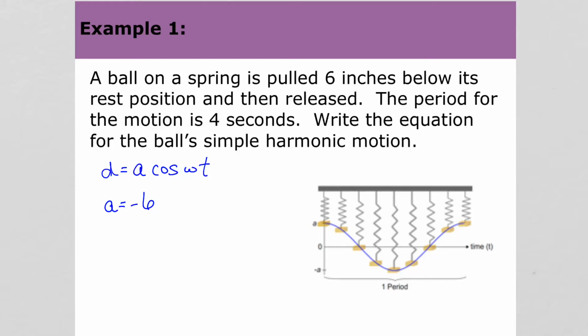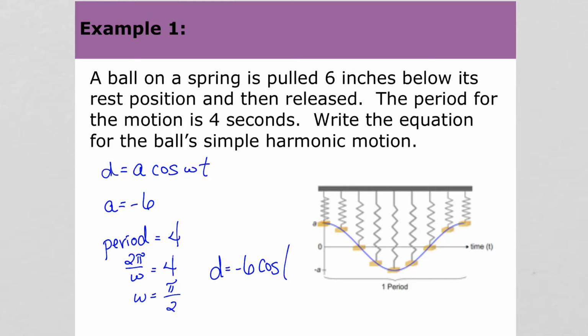We're told that the period is 4. So we can find omega by plugging in 2 pi over omega for the period. So omega would be pi over 2. Now we can write our equation. d equals -6 cosine of pi over 2 t.